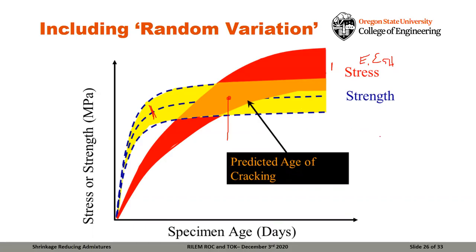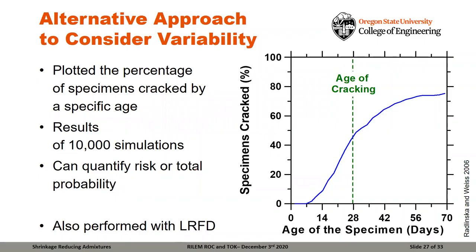So what we did was use an approach called Monte Carlo simulation, where we ran the simulation tens of thousands up to millions of times. We were able to plot the age at which the sample cracked using simple variations that we would expect from the material properties.